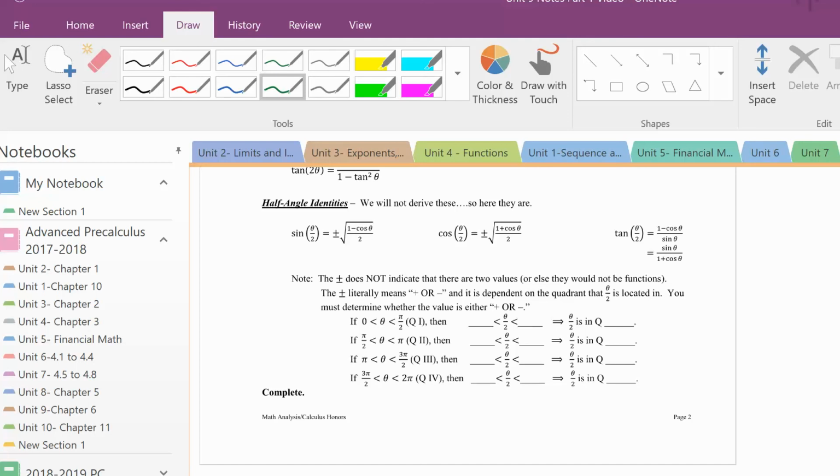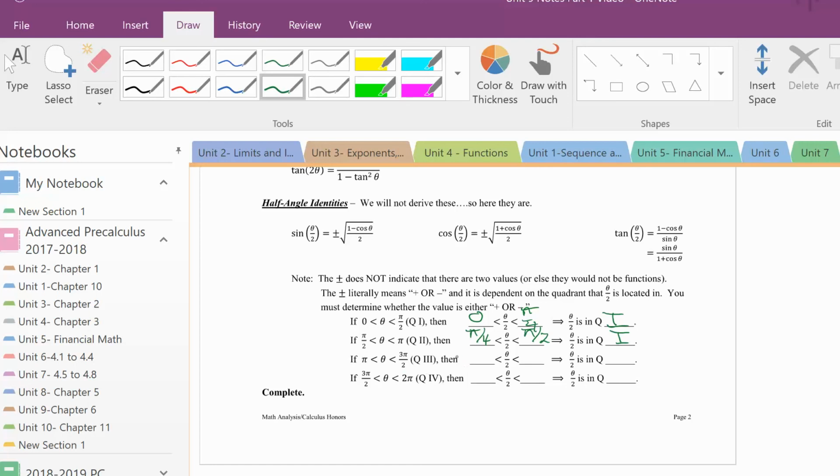So if you're talking about a half angle, and the angle you're taking half of is in the first quadrant, well, half of that means it would still be in the first quadrant, but now it's just between 0 and pi over 4. So it's in quadrant 1. If it's in the second quadrant, half of that is between pi over 4 and pi over 2, so it's still in the first quadrant.